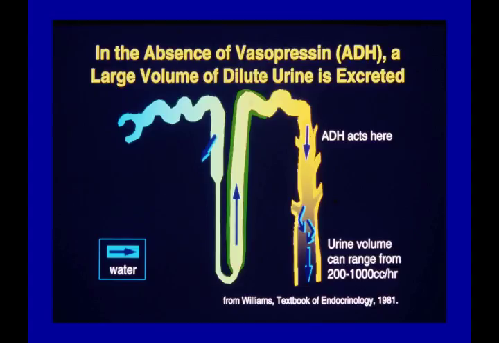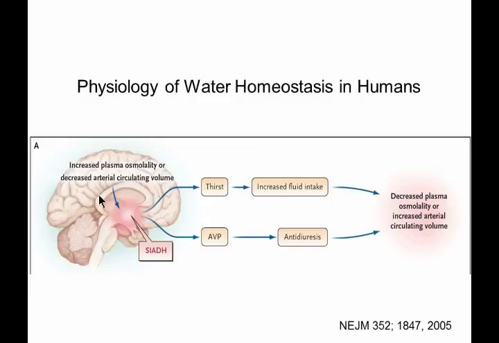So we generate free water here in the distal nephron, the diluting segment of the distal nephron. In the absence of ADH, we pour it out. In the presence of ADH, we reabsorb it. So in general, if we increase our plasma osmolarity or decrease our arterial circulating volume, 2 things happen.